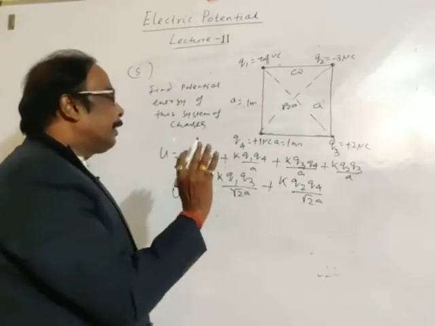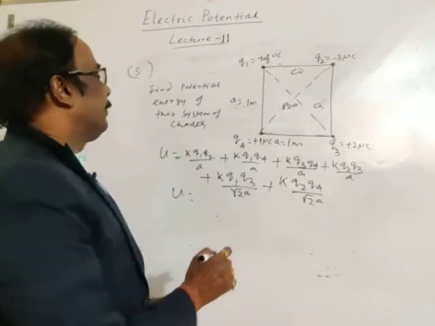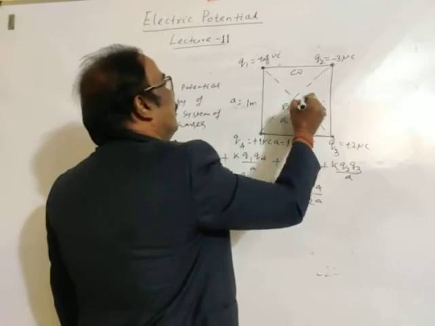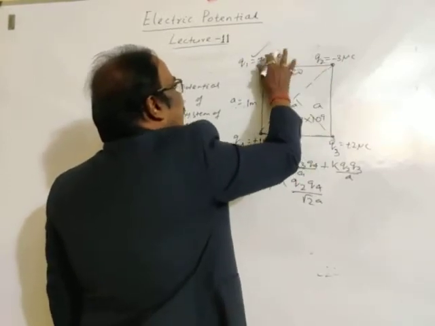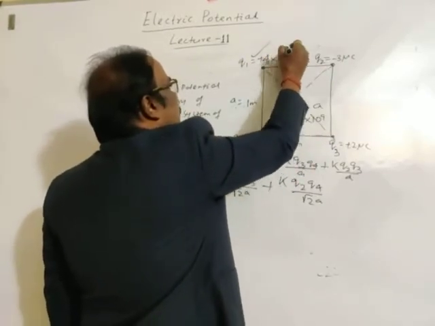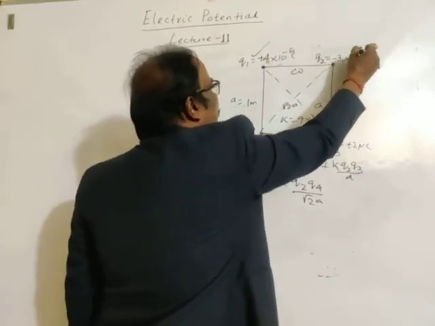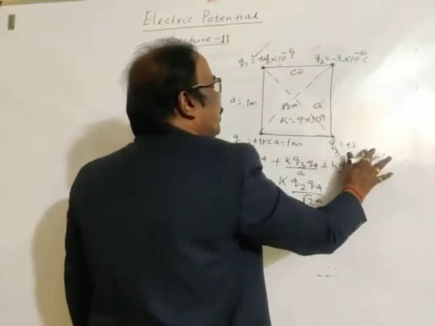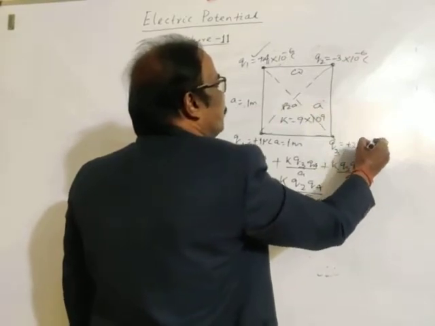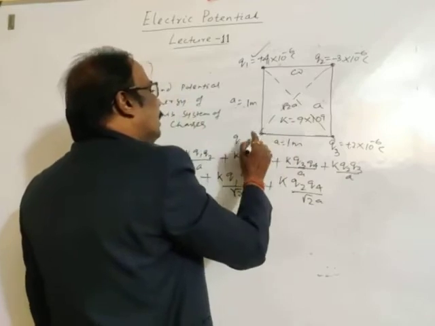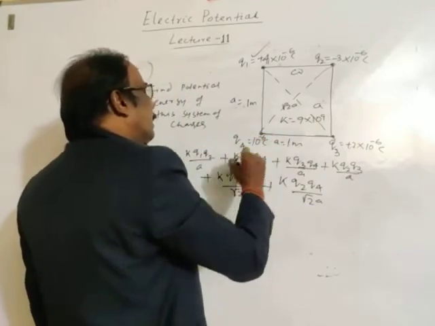So, by putting all the values, K is 9 into 10 to the power 9, Q1 is 4 into 10 to the power minus 6 coulomb, Q2 is minus 3 into 10 to the power minus 6 coulomb, Q3 is plus 2 into 10 to the power minus 6 coulomb, and Q4 is 1 into 10 to the power minus 6 coulomb.